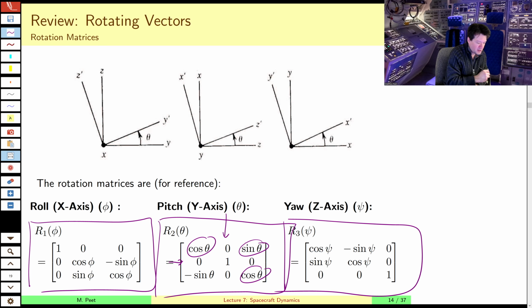Hopefully I did these right. I guess R2 has an opposite sign to the R1s and R3s. So you can write these down a priori and use them for reference, or just code them into MATLAB as functions, and that's quite convenient. I've done it quite a few times.